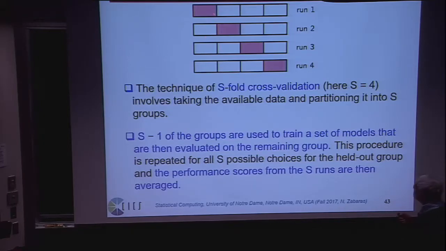So they calculate the test error using 1/4 of the data set that they started with, and then they alternate. They say, in my next run, I'm going to use this to do my testing, and this is the training, and then they average. In some of these problems, they use this to calibrate whatever parameters they have. So this is the idea of cross-validation. In this case, it's 4-fold cross-validation.